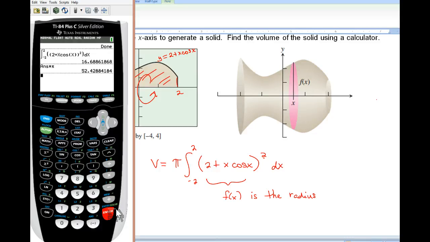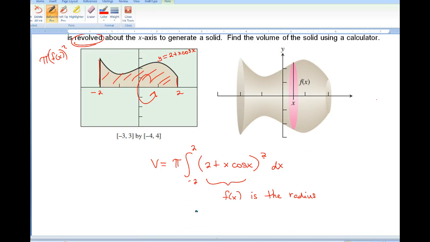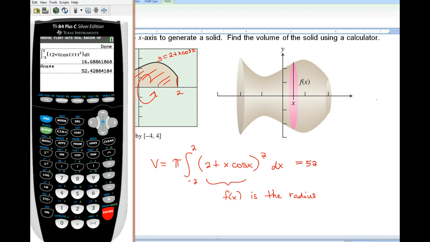Is your calculator in radians? Here's what I got, 24.8. I got 25.13. Does anyone want to check my test?